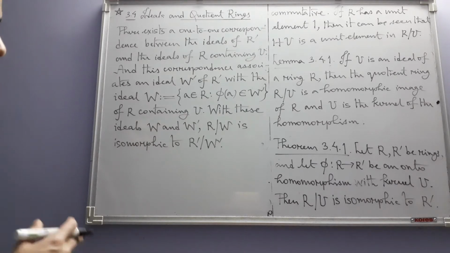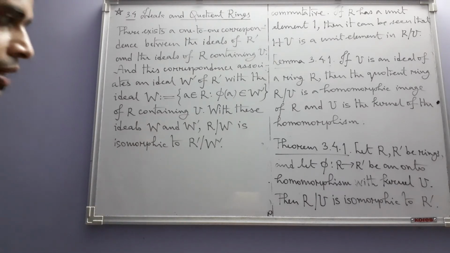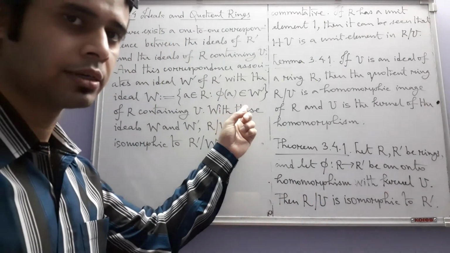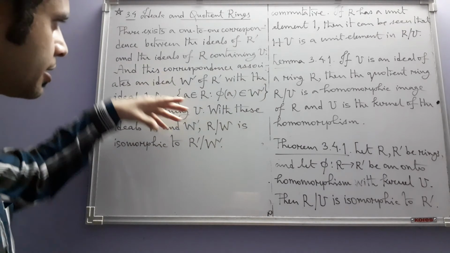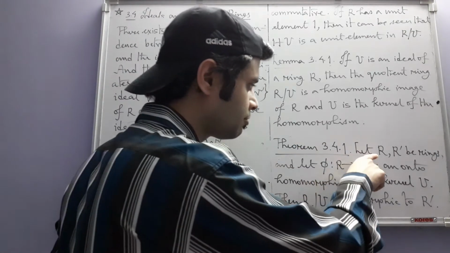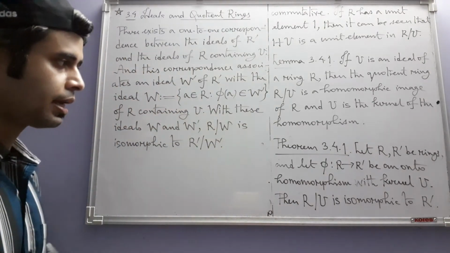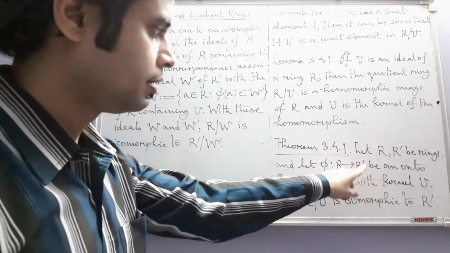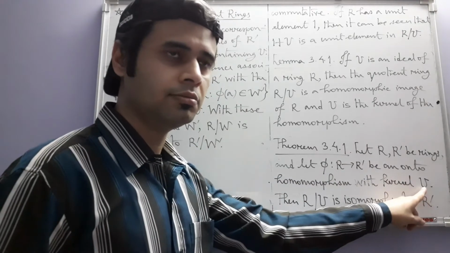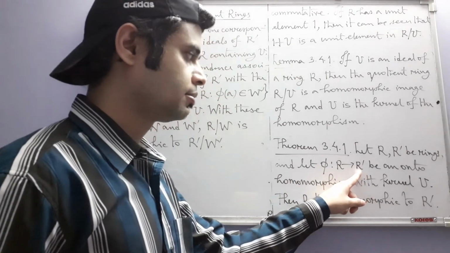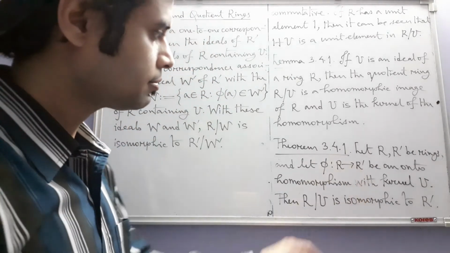It has the first isomorphism theorem corresponding to the one in group theory. It also has the correspondence theorem. First of all we are given two rings and there is an onto homomorphism from one ring onto the other, and its kernel is U. Then R by U is isomorphic to the image R prime.